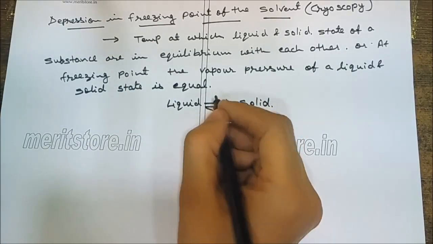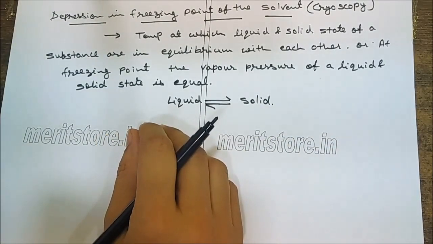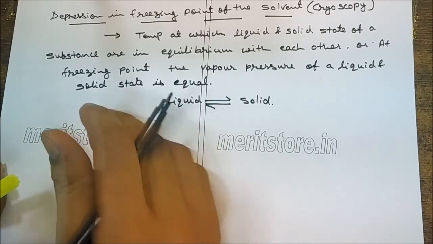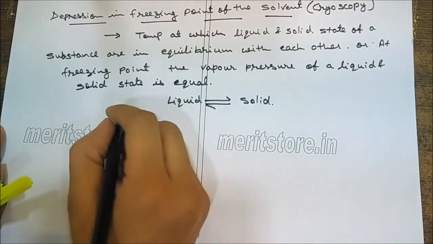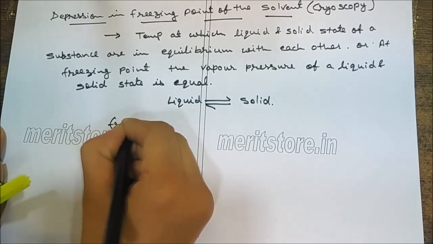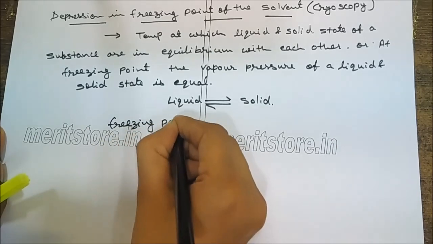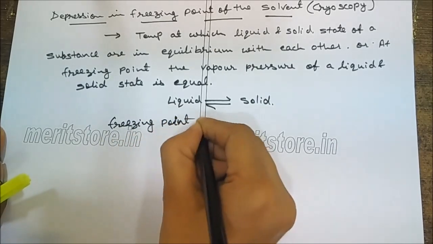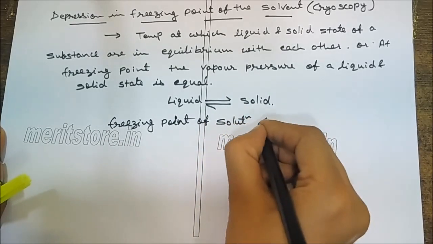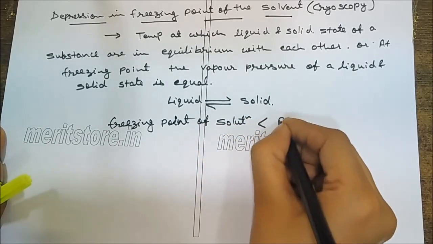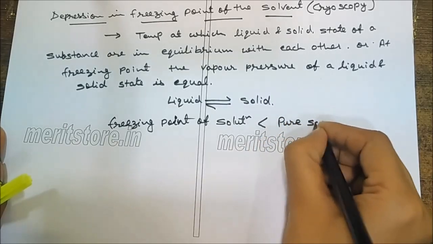So, after adding a solute, the freezing point of any solvent gets depressed, or the freezing point of solution is found less as compared to pure solvent.